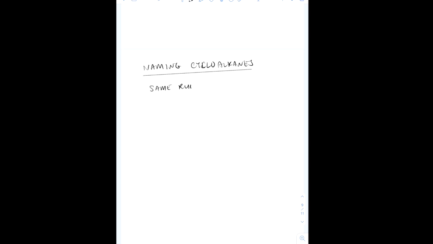So it's the same rules as above, but the ring or the cycloalkane must be bigger than the straight chain to be considered the parent.